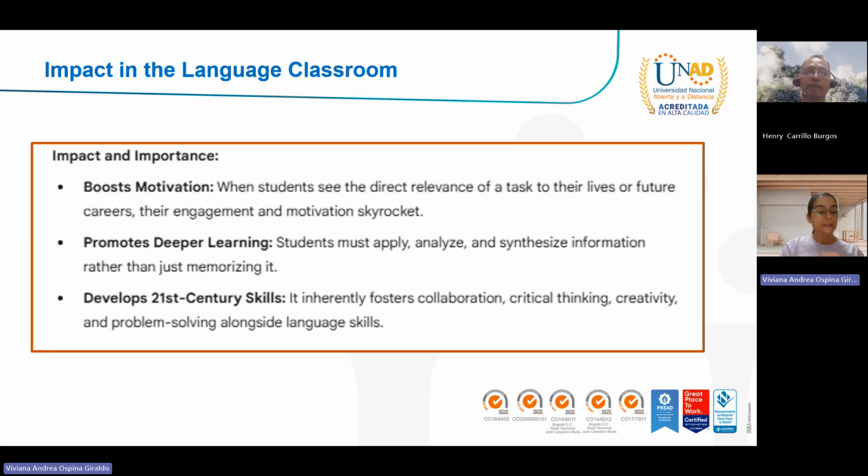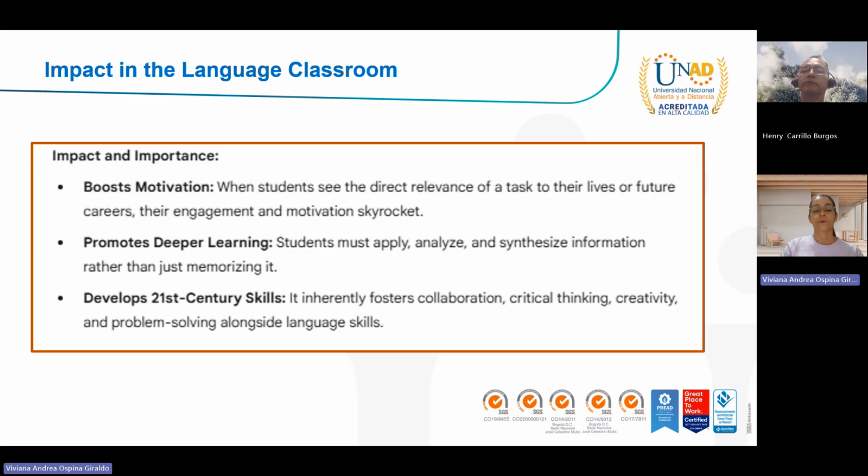So when we have this in the classroom, the impact of it all is that it boosts motivation. It makes them take real life issues, real life problems, real life situations, and they will be more engaged and happier to work in that situation because they can refer to reality. Also, it promotes deeper learning. Our students then must apply, analyze, and synthesize information rather than just memorizing it.